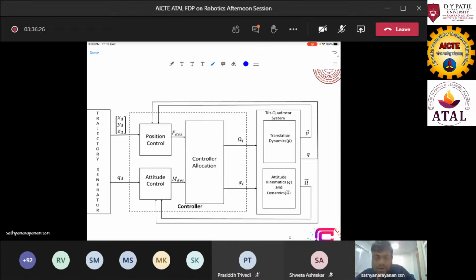Since you can decouple the position and orientation, there are two different blocks: position control and attitude control. Attitude control is nothing but orientation control, and from there you generate the desired force along XYZ, and the desired moment along roll, pitch, and yaw. Then there is a control allocation which maps these desired values to your rotor speeds and tilt angles.